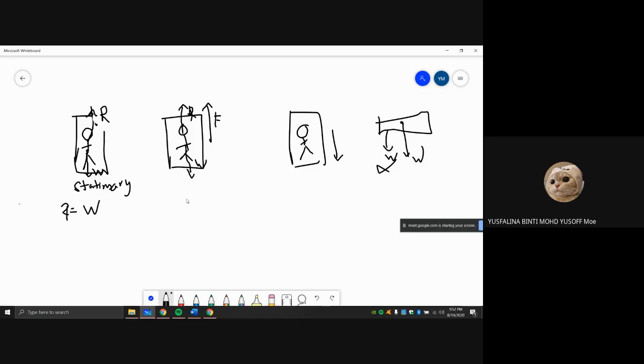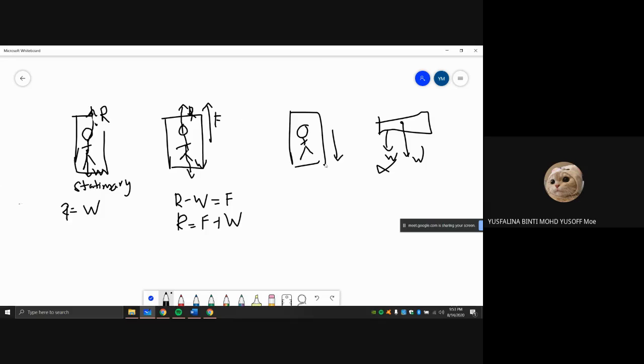So R minus W is equal to F, because R is bigger. Why is R bigger? Because the F force is going in the R direction. And if you want to find the reading of the weight balance here, R is actually F plus W.